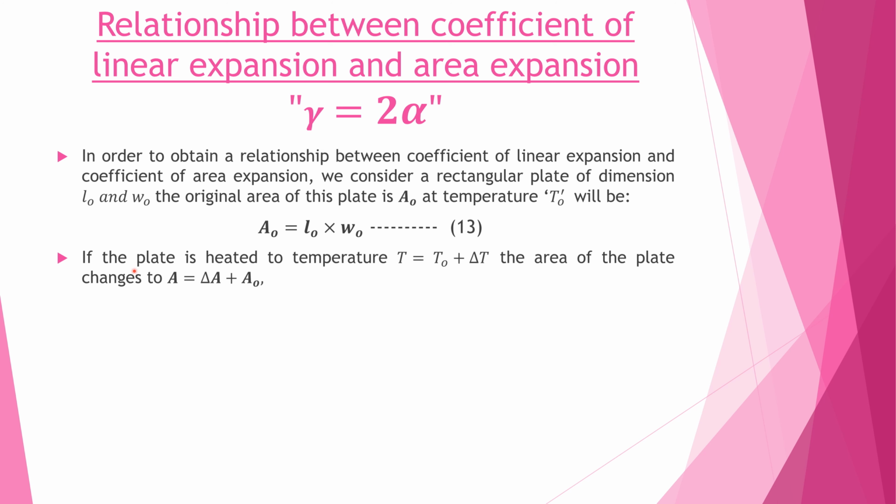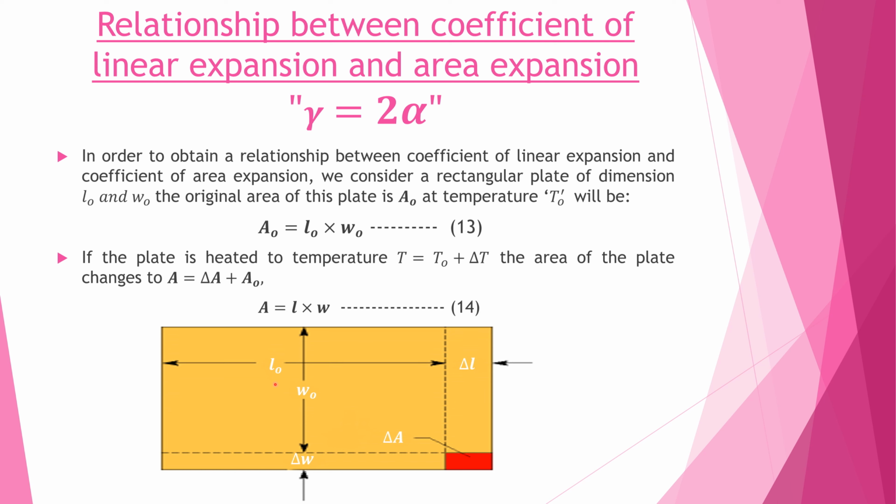If the plate is heated to a certain temperature T, which is equal to T₀ + ΔT, the area of the plate changes to A, which is equal to A₀ + ΔA, where ΔA is the change in area and A₀ is the original area. The final area of the plate is equal to L into W. I mark it as equation number 14.